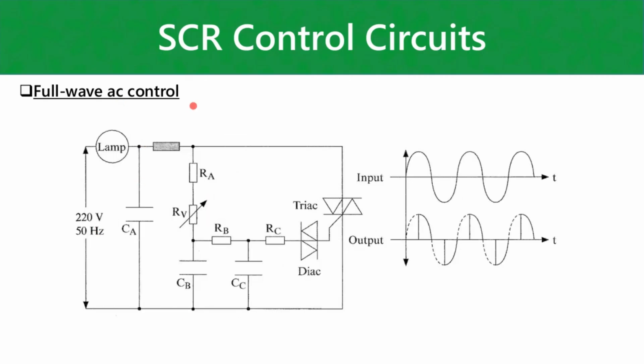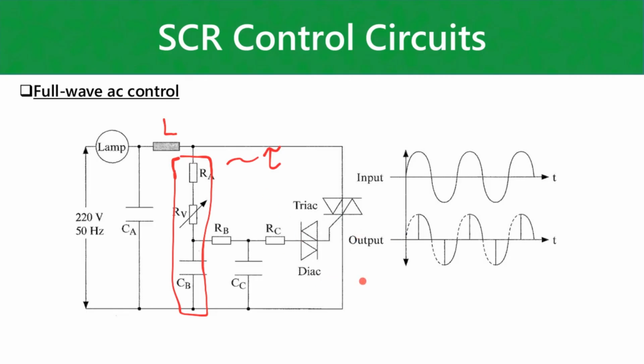Full wave AC control done with a lamp. So this would be your typical light dimmer circuit. This is actually an inductor that's put in the circuit there. Basically this combination here is going to give you your RC time constant and phase shift to trigger your triac here at the correct time.